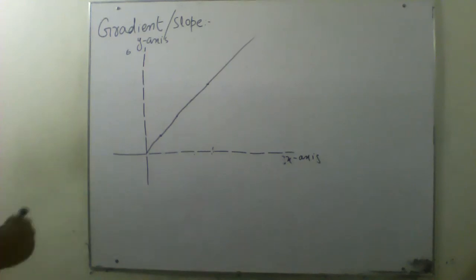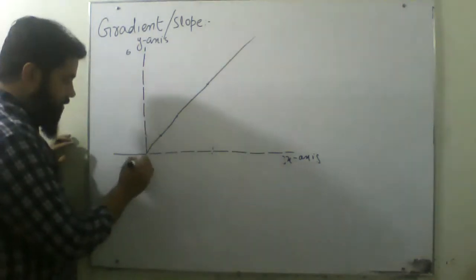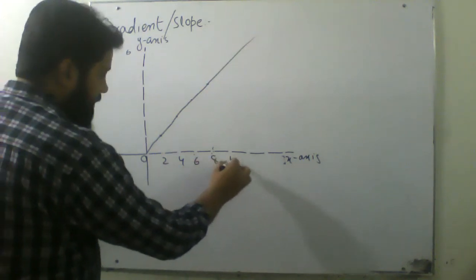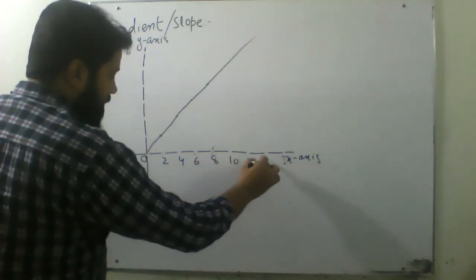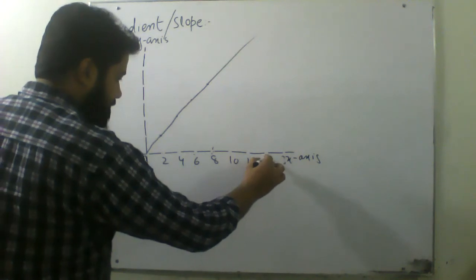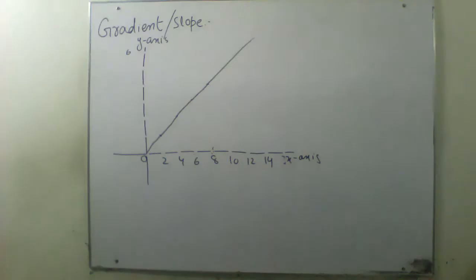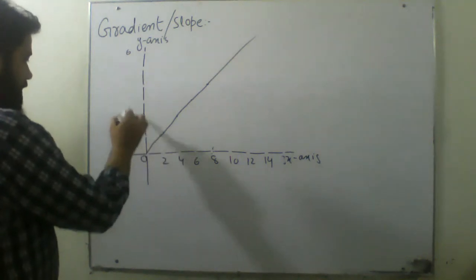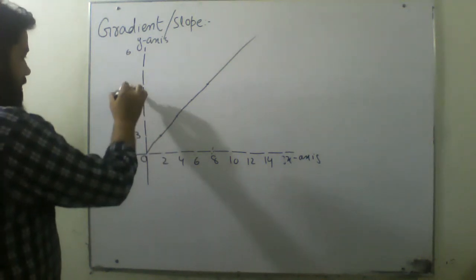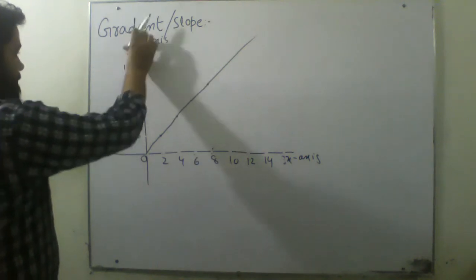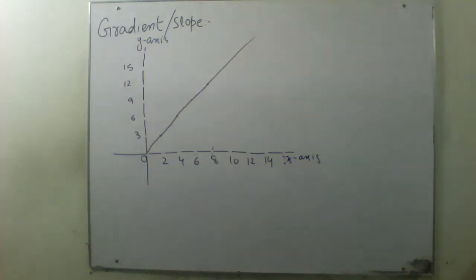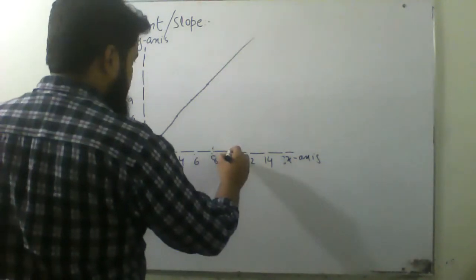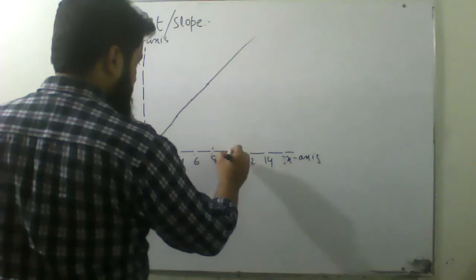Now I'm changing my values over here. This is 0, 2, 4, 6, 8, 10, 12, and 14. Over here I'm taking 3, 6, 9, 12, 15. Selecting any 2 points, I'm taking this one.